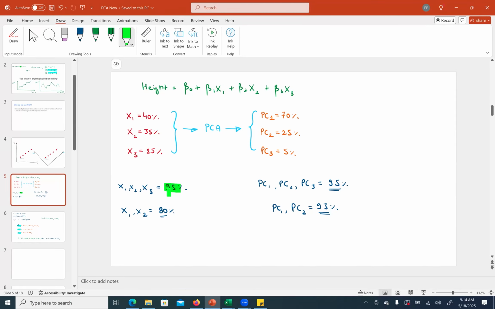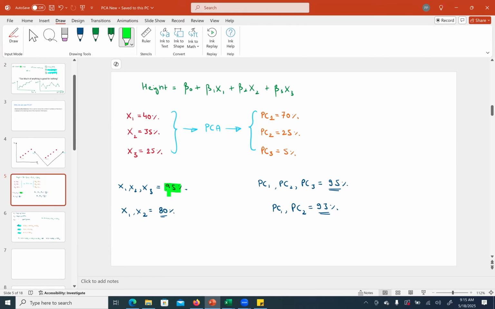Because X3 variable is not insignificant. X3 variable is also contributing significantly. But when you look at PC1, PC2, PC3, how is importance distributed? 70%, 25%, 5%. It means that first variable is 70% important, second variable is 25%, and third variable is 5% important.